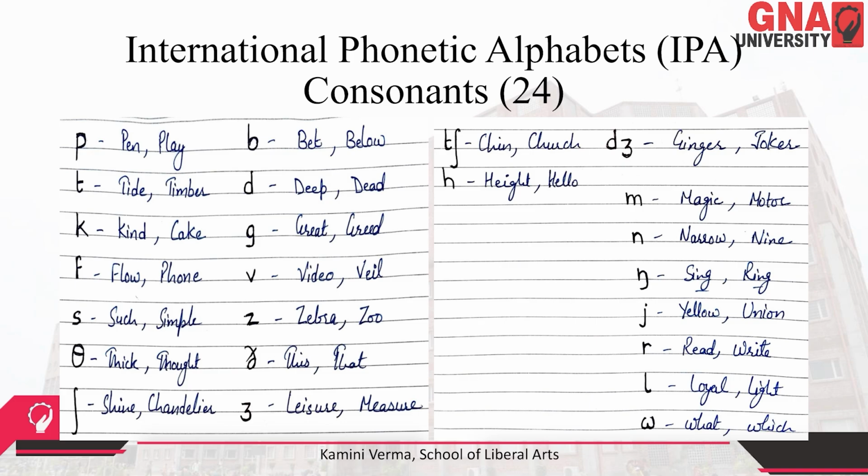Same, we cannot say the word jug as zug. So this is the difference between z and j. Now this is j for us. Whenever we are saying the j sound, it is not necessary to start with the letter j itself.